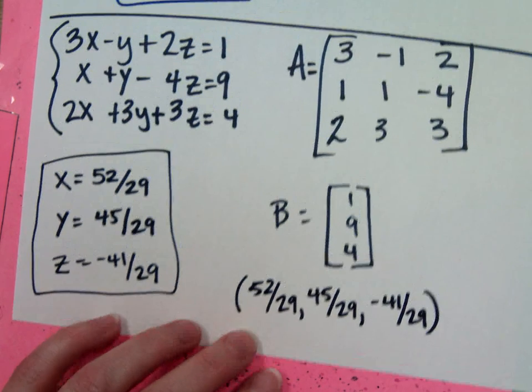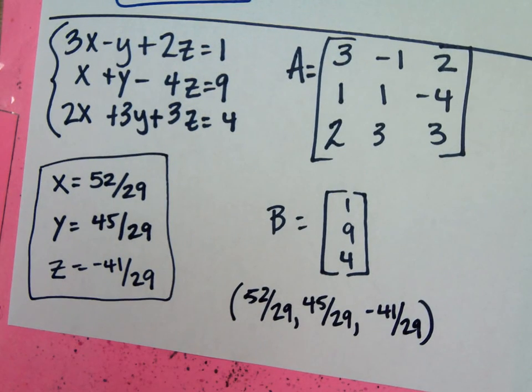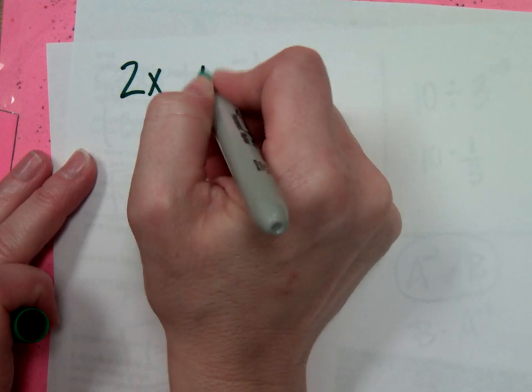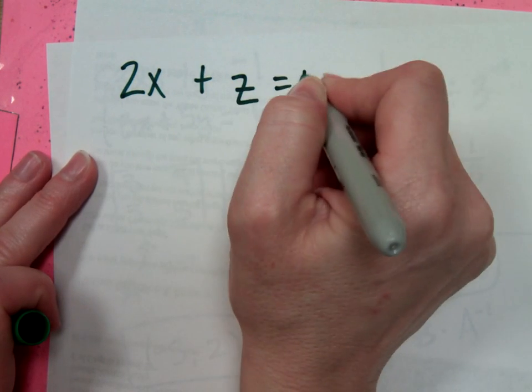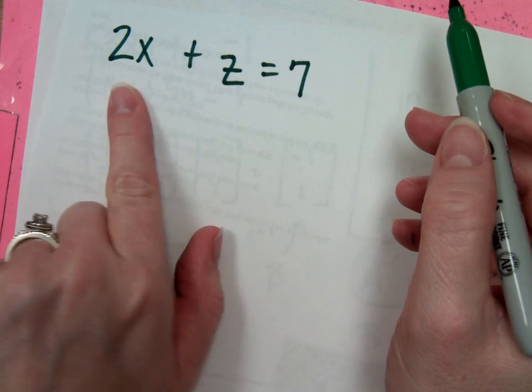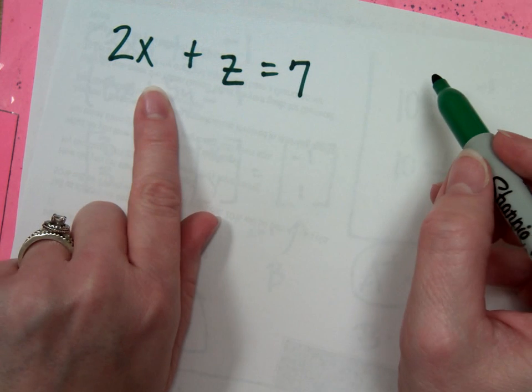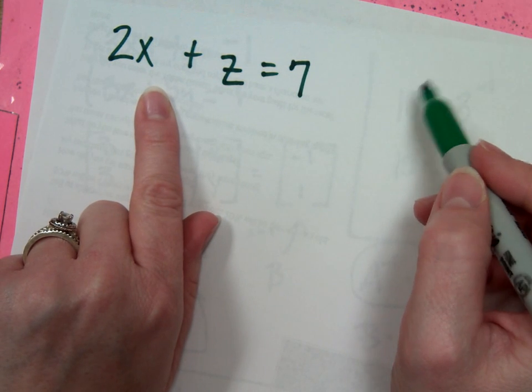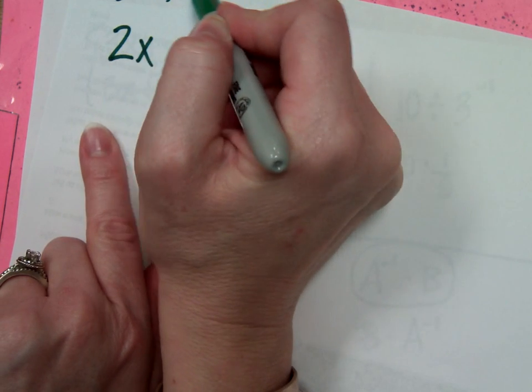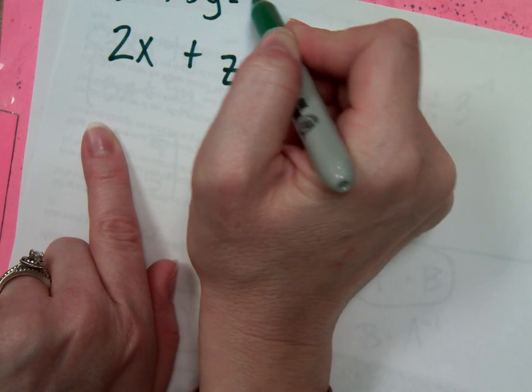What if there's something missing? Like, what if in one of your problems it's like 2x plus z equals 7. For that particular row, what would you have to write in your matrix? Like if this is 3x plus 5y minus 3z equals 1.